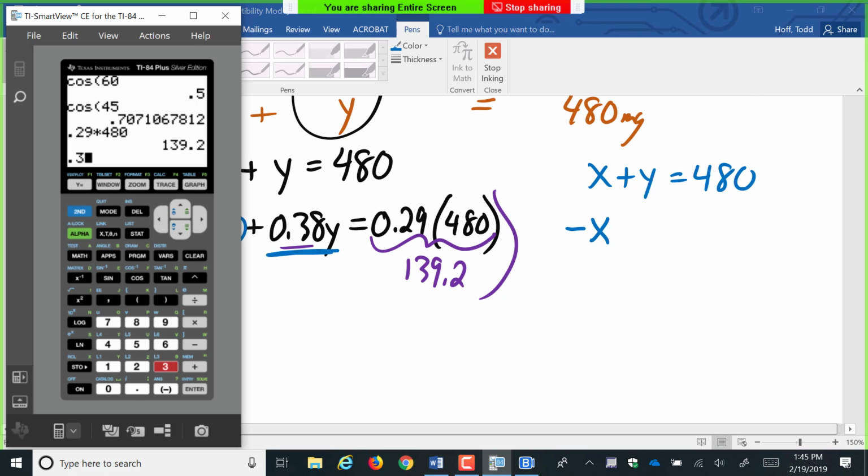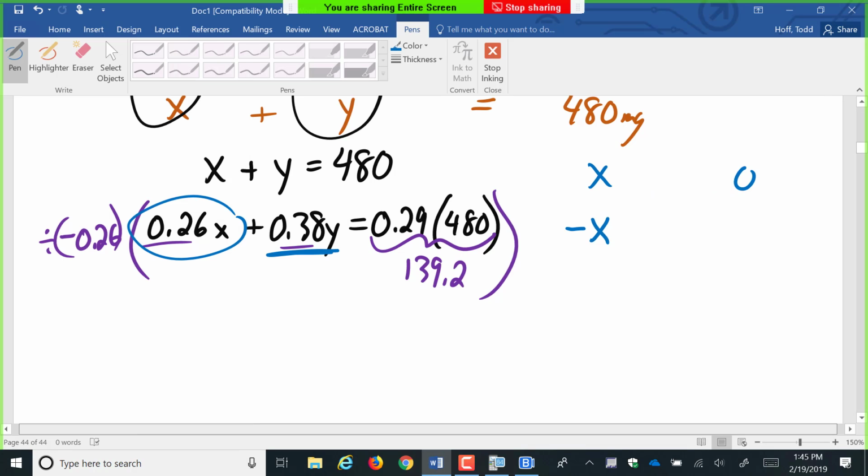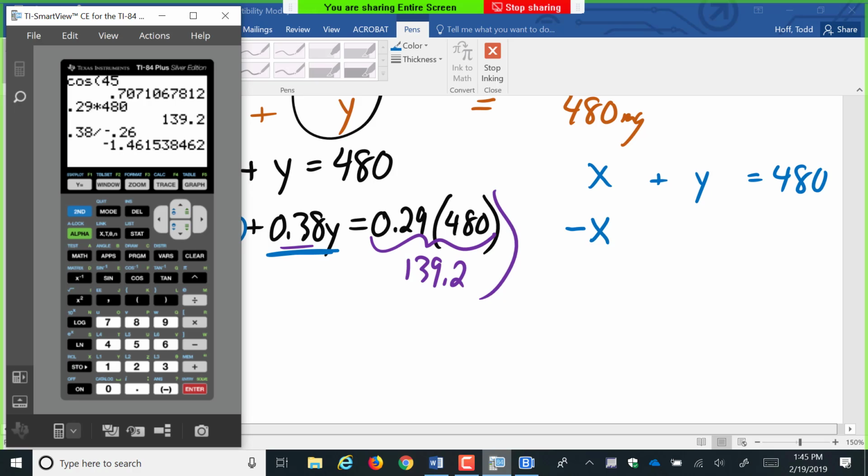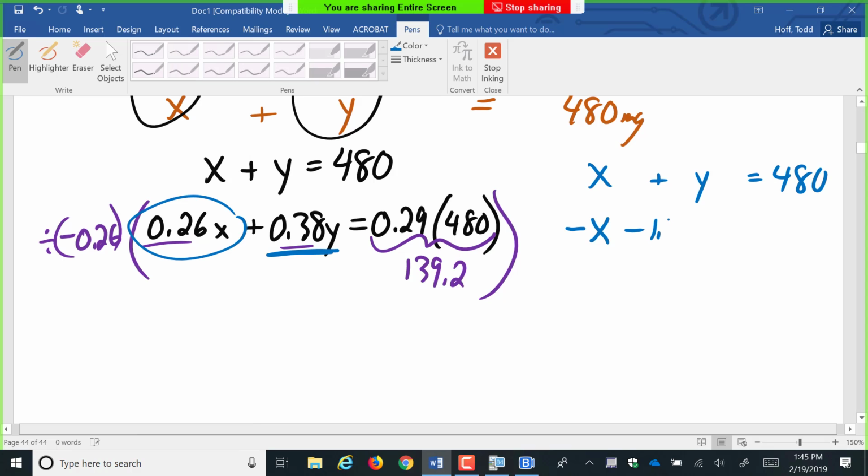0.38y divided by a negative 0.26. I'm going to go to 4 decimal places. I'm going to spread out this top equation here a bit, because I'm going to need the room. That is going to give me a negative 1.4615y.